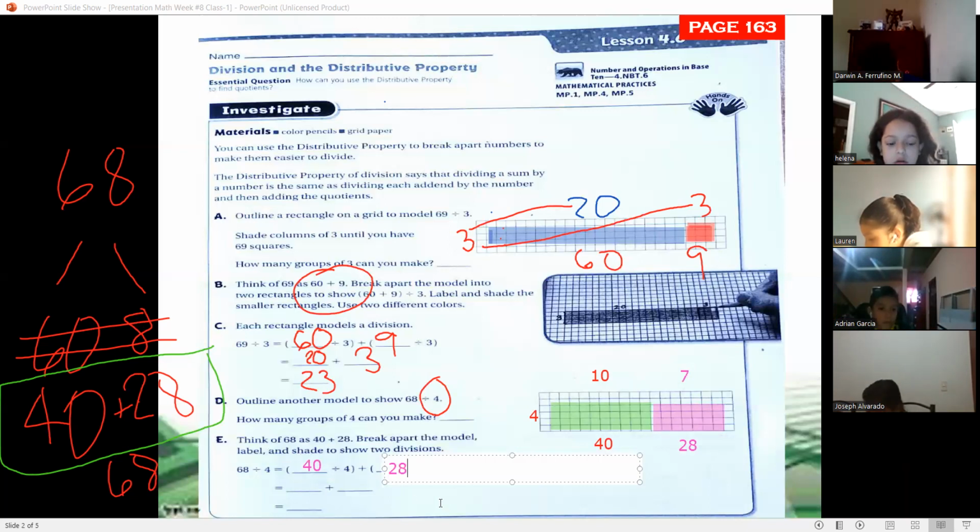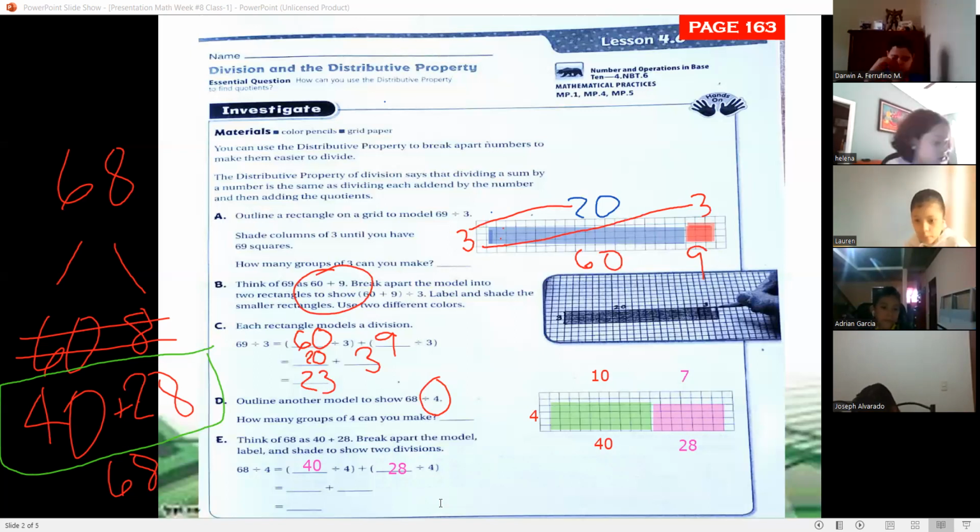There is a number in the multiplication of 4 that if I divide 40 divided by 4 is going to be 10. 10, guys.